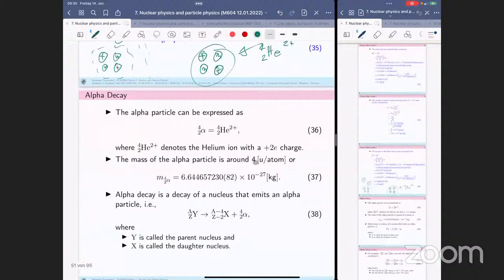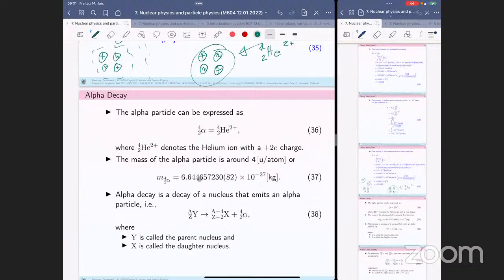The mass of the alpha particle is approximately, but not exactly, 4 atomic mass units. It consists of 2 protons and 2 neutrons. If you approximately combine the masses of these 4 particles together, you get this value, but it's not exactly the same.